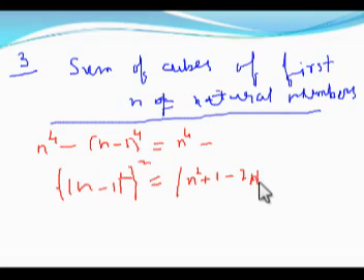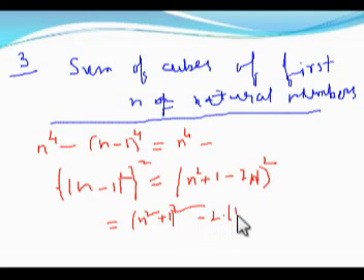We will get (n square plus 1) whole square minus 2 into (n square plus 1) into 2n plus 4n square.